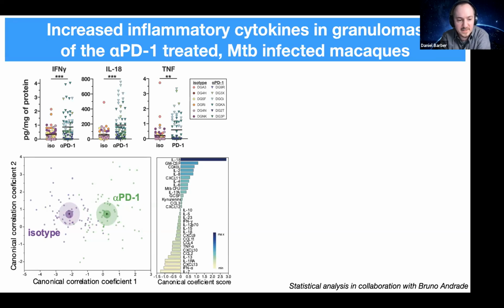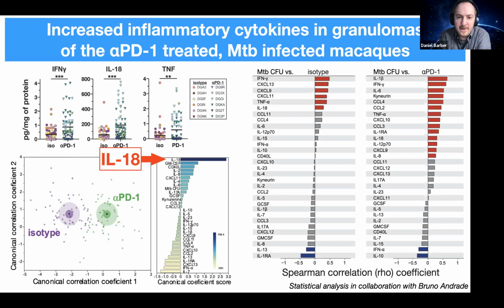And what Bruno found was that he could completely separate the pattern of cytokines in the isotype control and anti-PD-1 treated granulomas using this analysis. And when he quantified which of the different analytes contributed to the separation of these two groups, IL-18 really stood out, which was interesting to us. IL-18 was not only high, but was really implicated as being highly interconnected with a lot of the other cytokines that were observed in those animals.